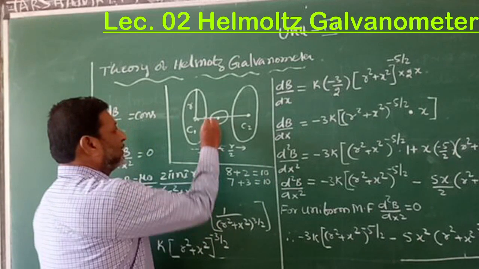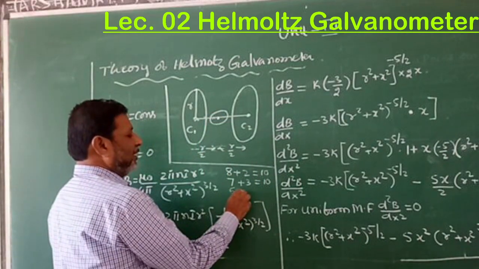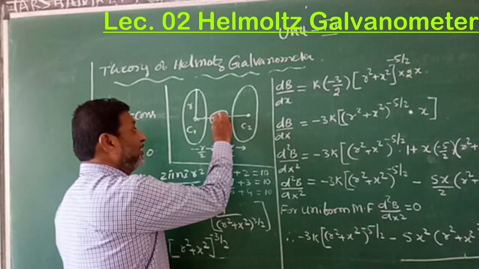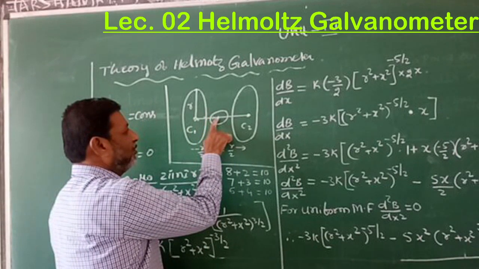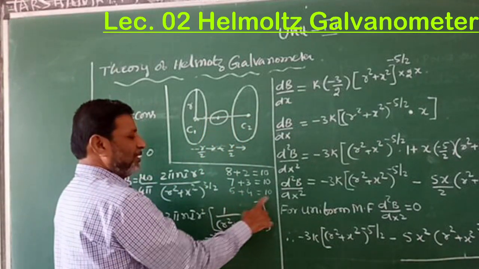Similarly, at this point it is 6 and here it is 4, equal to 10. At the midpoint, field due to C1 and field due to C2 are equal: 5 plus 5, which is equal to 10.